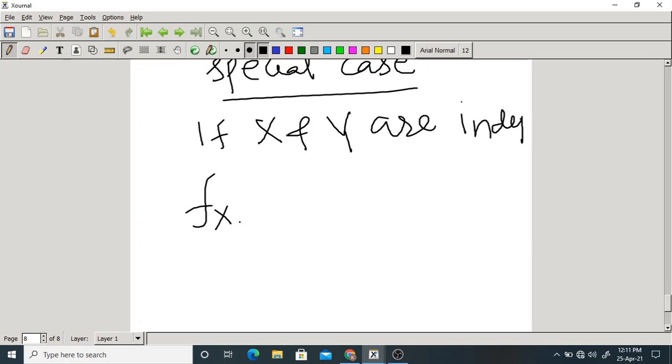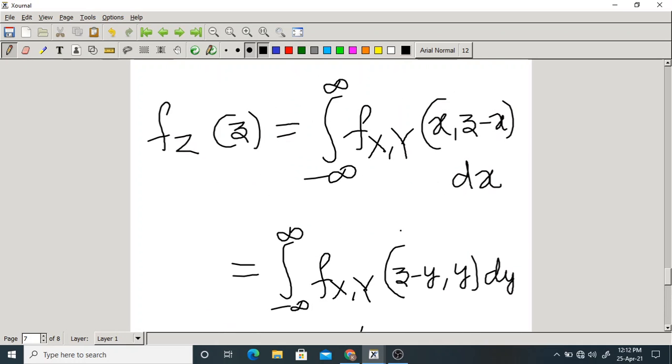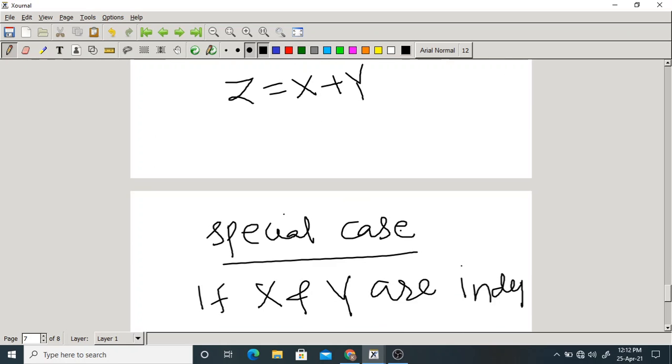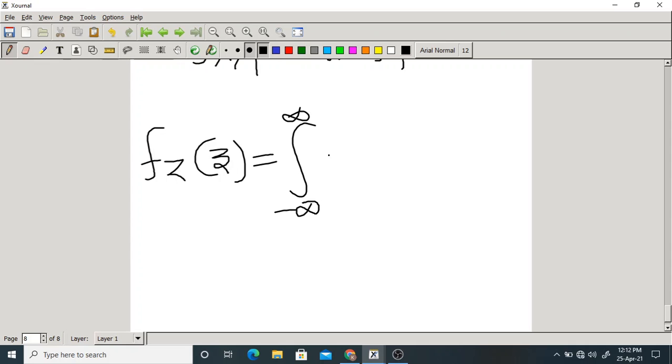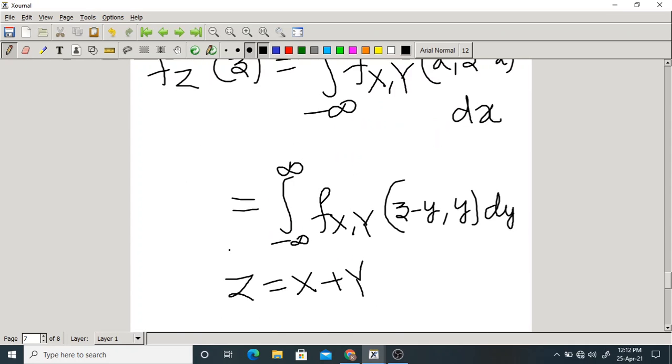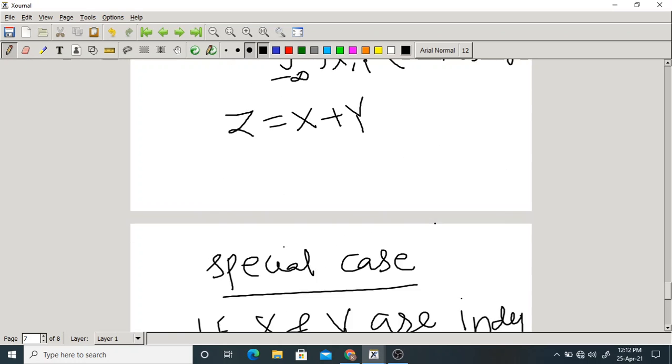I have written f x comma y equals f x into f y. Now let me take the first integral. What is the first integral? F Z of z equals the integral from minus to plus infinity of f x comma y of x comma z minus x.